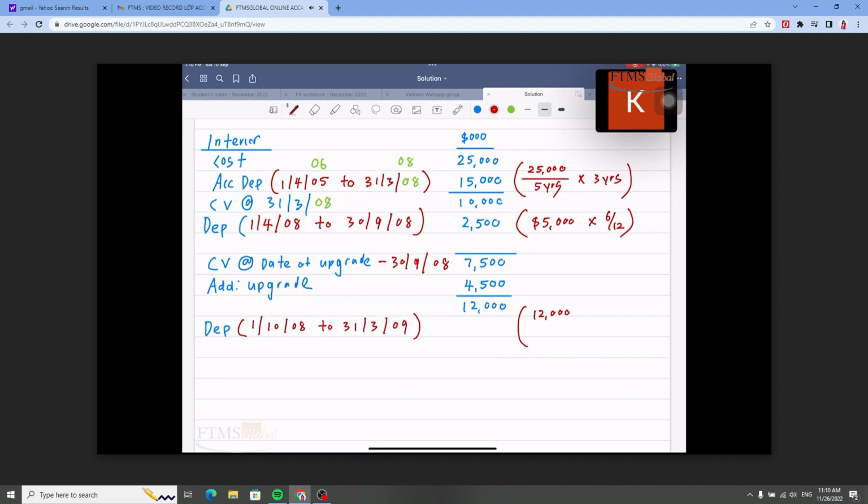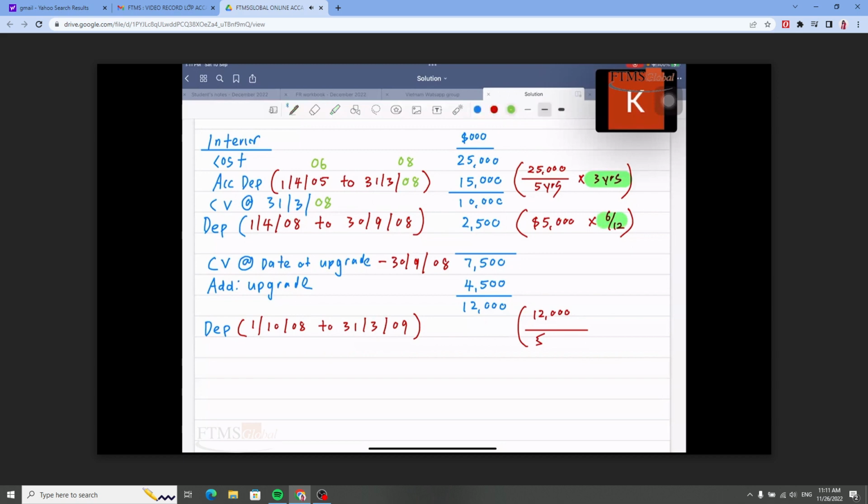Then divided by new useful life, if any. In this case, there's no new useful life. So I have to use remaining useful life, right? So how to calculate remaining useful life? Useful life of interior is 5 years. So how many years has passed? 3.5 years has passed, right?